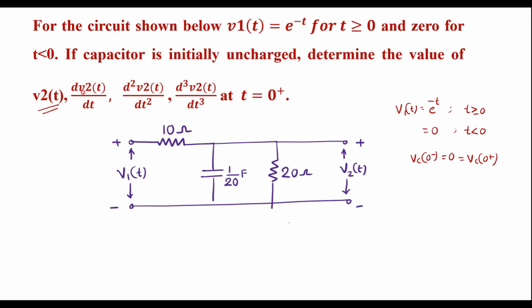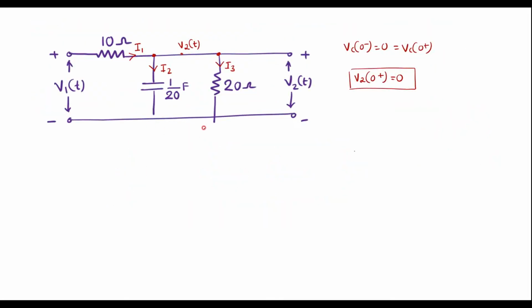Now let's try to calculate the first derivative of V2 of t. Let me apply KCL at this node. For t greater than or equal to 0 plus, apply KCL to node V2 of t. At this node I1 is equal to I2 plus I3.